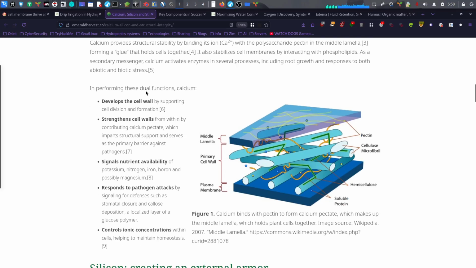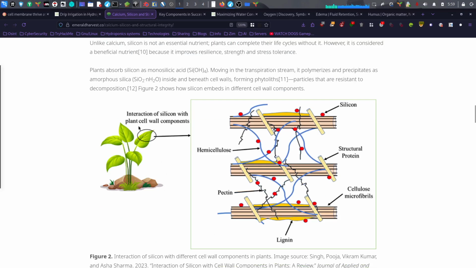In performing these two functions, calcium develops the cell wall by supporting cell division and formation, and strengthens the cell walls from within by contributing calcium pectate, which provides structural support and serves as a primary defense against pathogens. Pathogens means organisms that can break down the leaves of the plant.